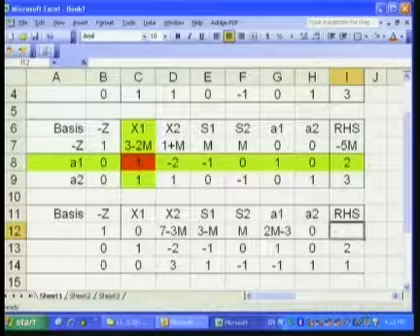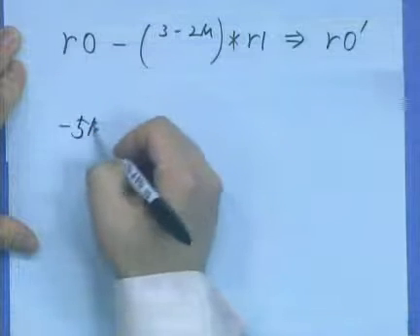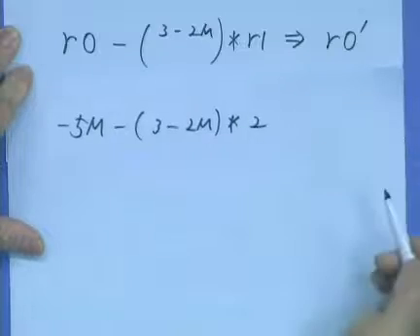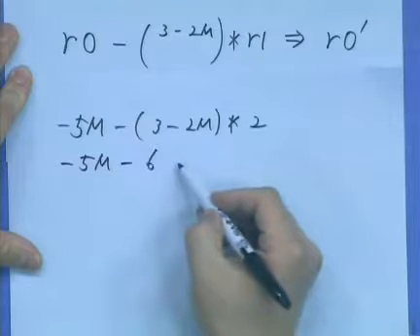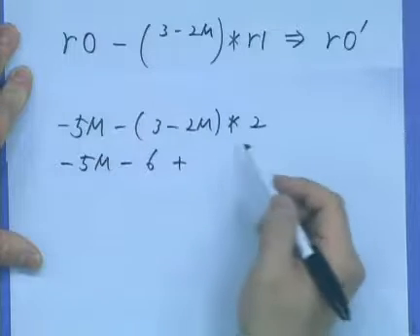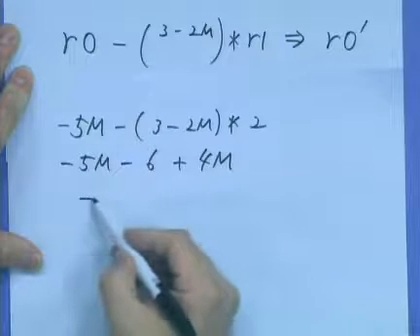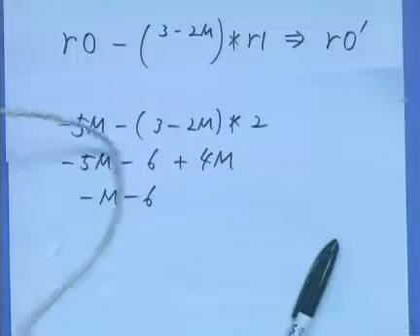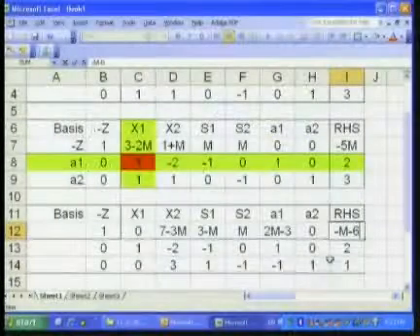And what about the right-hand side? Let me do the right-hand side. It's going to be negative 5M minus 3 minus 2M times 2. So negative 5M minus 6 plus 4M. So that's negative M minus 6. So the right-hand side value is negative M minus 6.